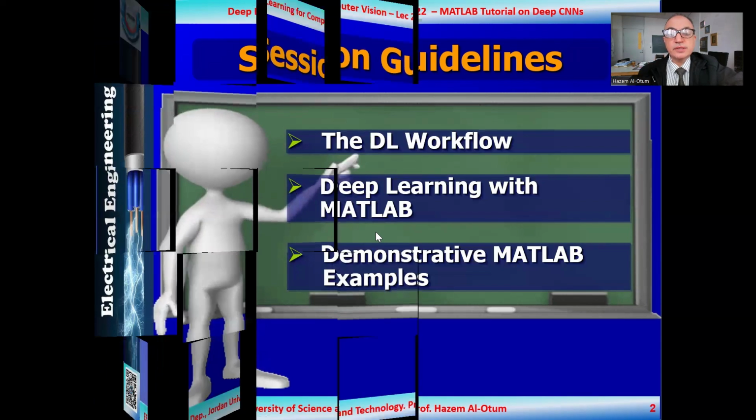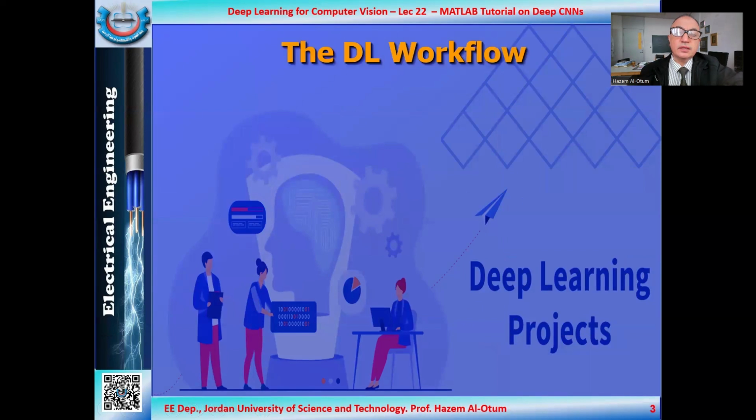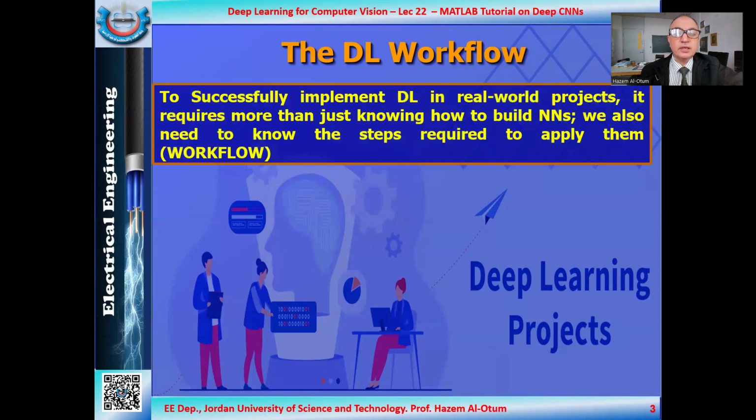So let's go and see now what is the first part of this work, the deep learning workflow. Actually, to get a successful result in implementing DL neural networks or convolutional neural networks in real-world projects, it requires more than just knowing how to build ANNs or CNNs.